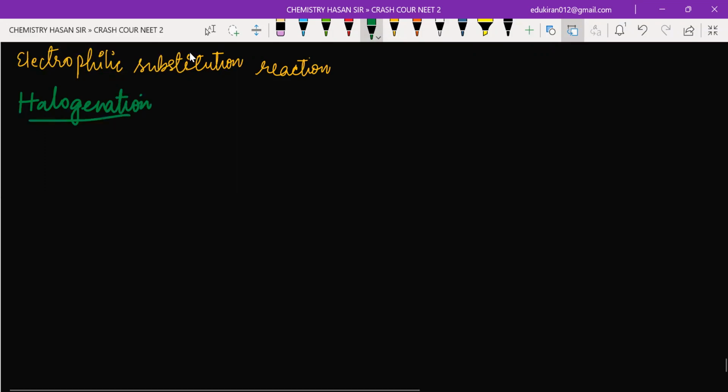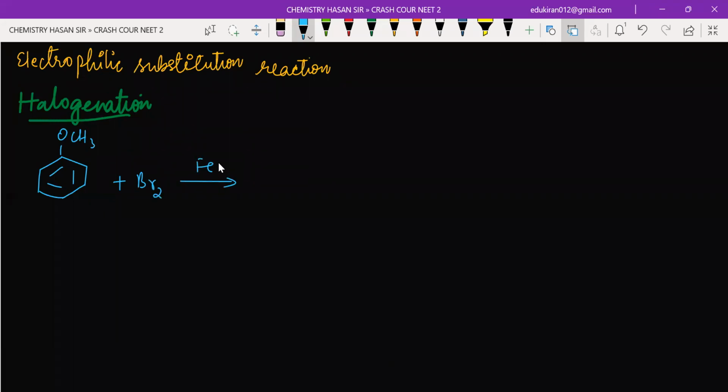You can do it easily. I just repeated this reaction at the start of the lecture. This is your anisole. And if you react this with Br2 in the presence of FeCl3, this reagent will generate Br plus. What do you think? What will be the product?